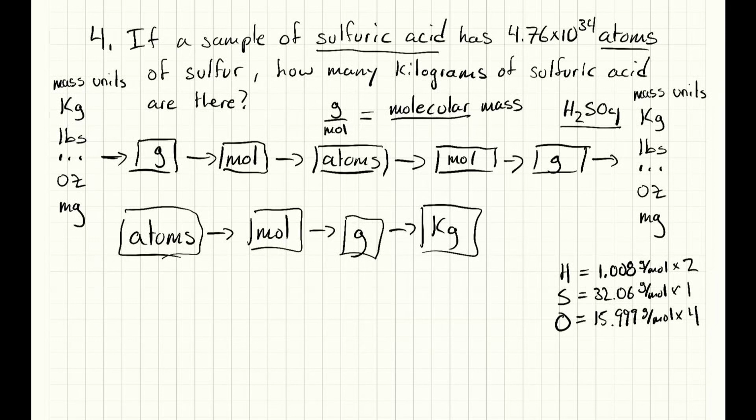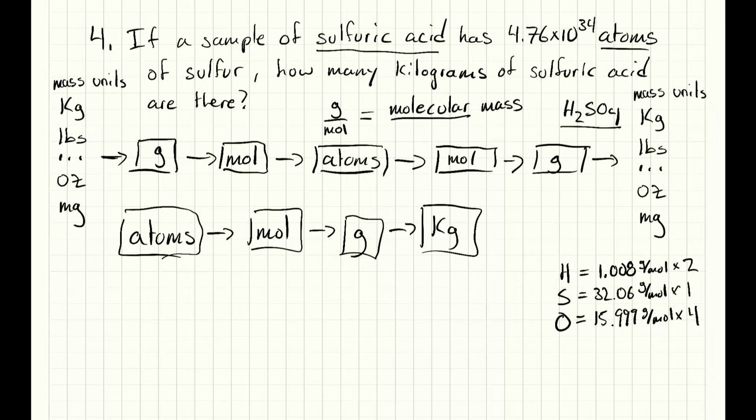Let me grab my calculator. So 1.008 times 2 plus 32.06 times 1. Oh, I messed it up. 1.008 times 2. Plus, I'm just going to add 32.06, because that's the same as multiplying by 1, then adding it.